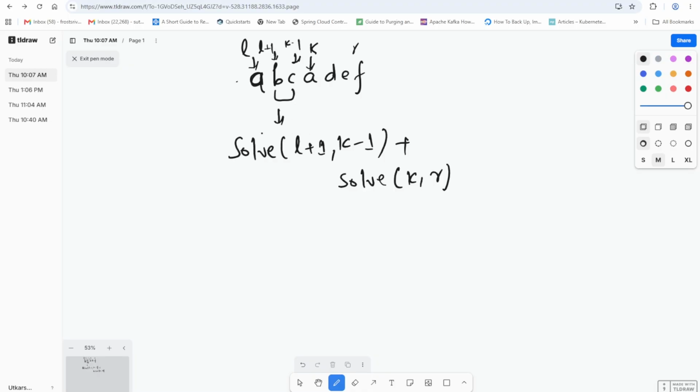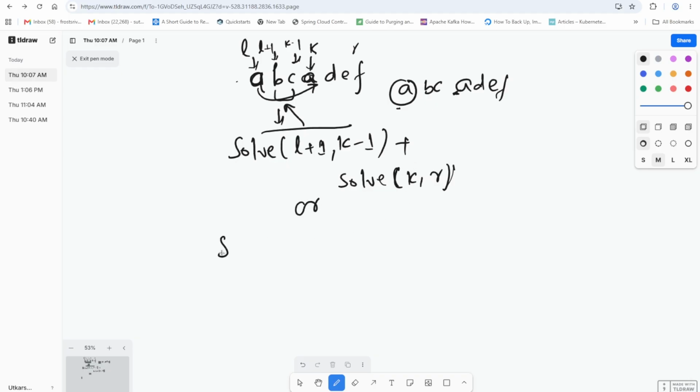So this recursive call is for this string b to c, and since we have excluded this a, we are assuming we are printing this a with this a, right? When this a will be printed, then obviously this a will also be printed, right?